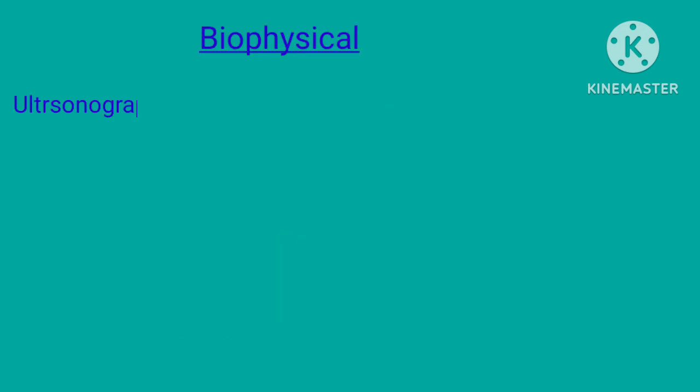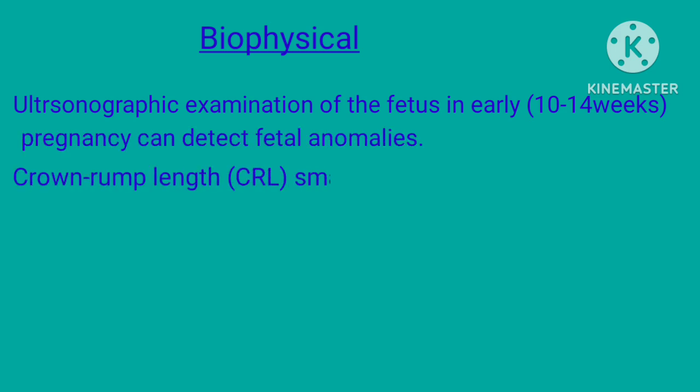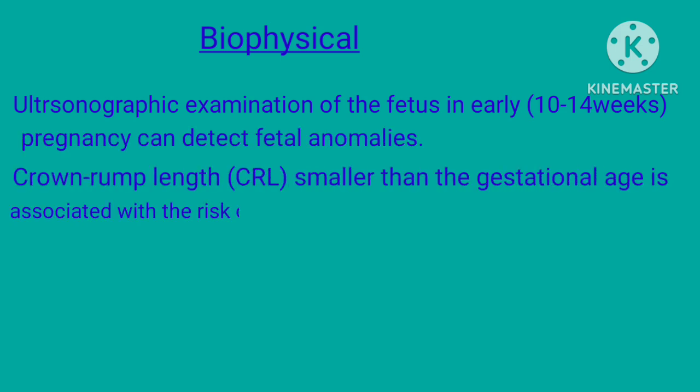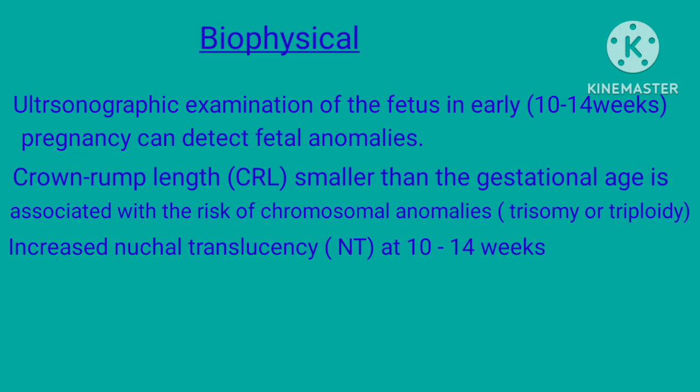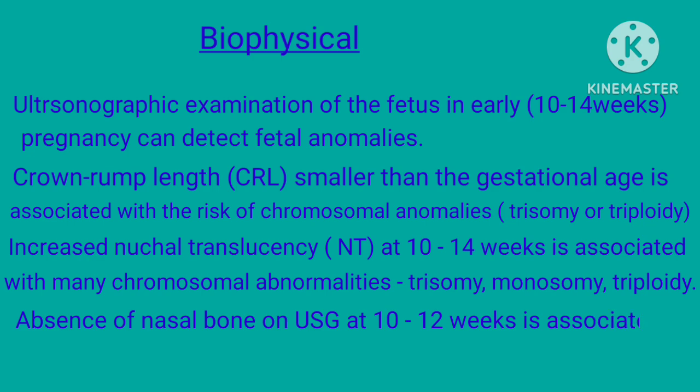And now let me talk about biophysical examination. Ultrasonographic examination of the fetus in early pregnancy can detect fetal anomalies. Early pregnancy means at 10 to 14 weeks. Crown rump length, which is also known as CRL, smaller than the gestational age is associated with the risk of chromosomal anomalies, which are trisomy or triploidy.